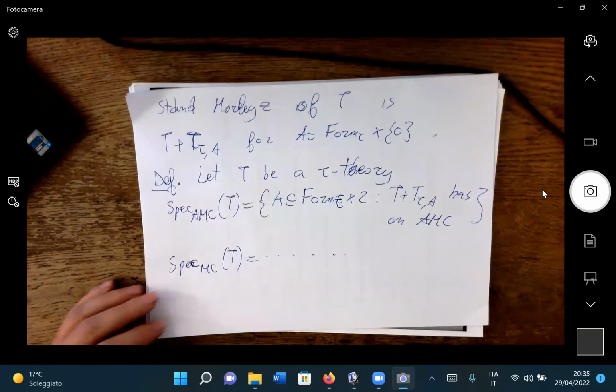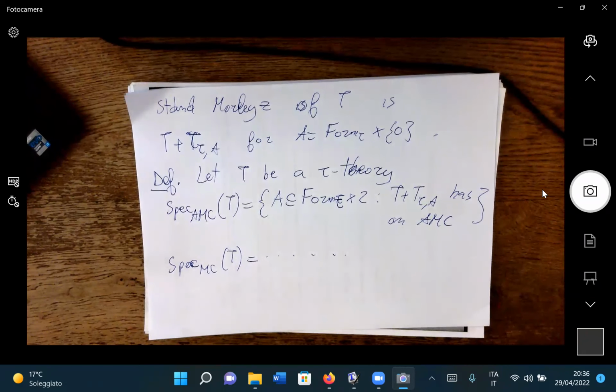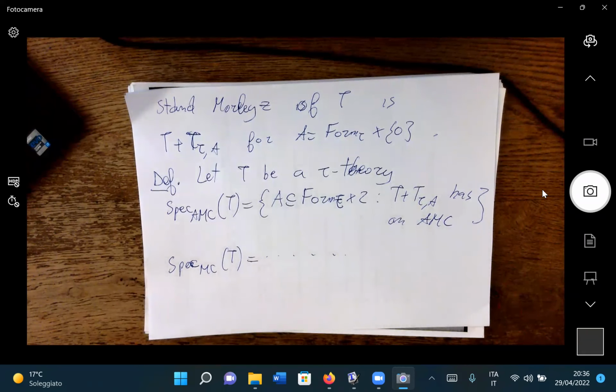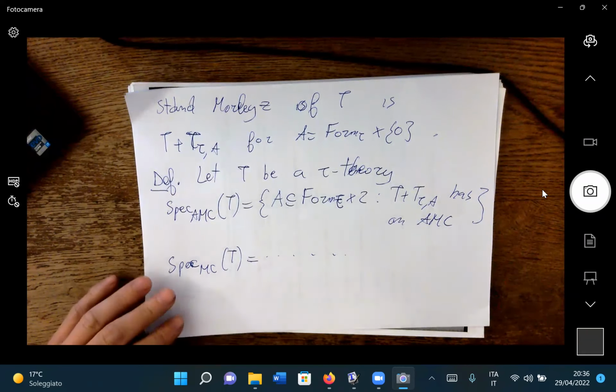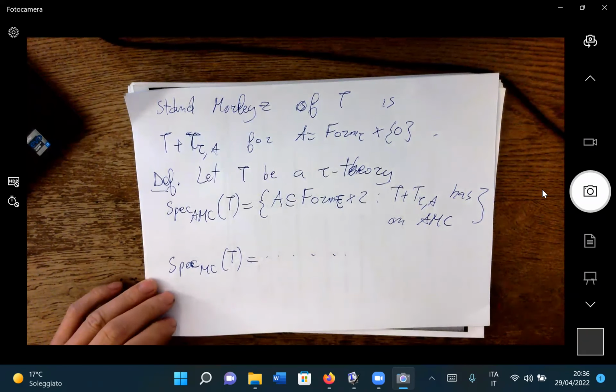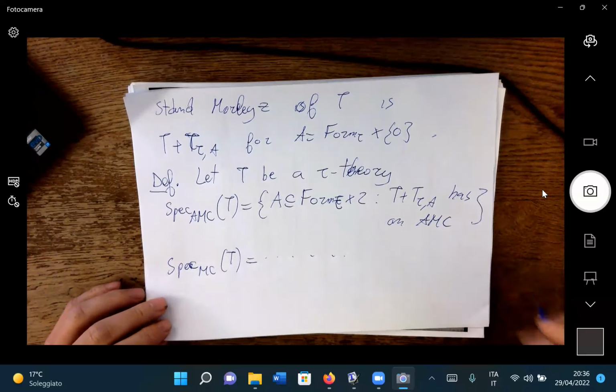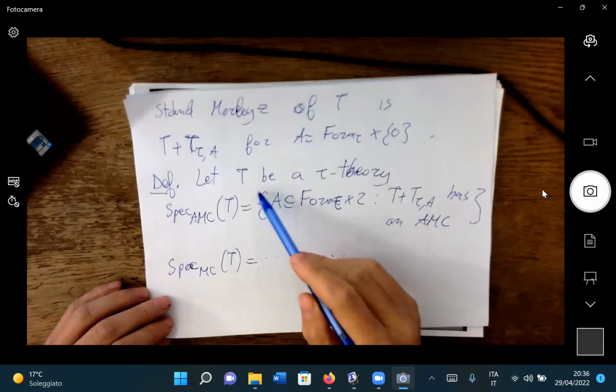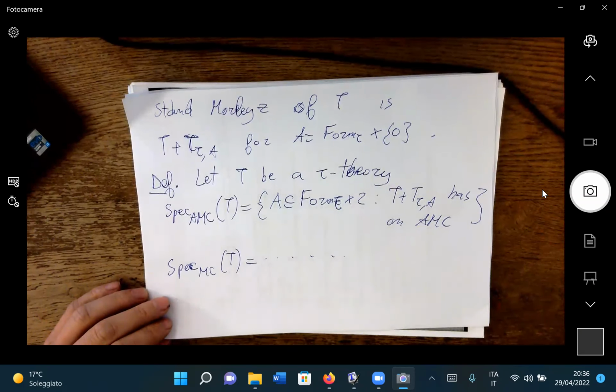So for the moment, I can show that this invariant is useful when T is set theory. I don't know if this invariant is useful in other contexts, but I suspect that it should be. It's just more complicated to handle. But the point is that it's an invariant that is meaningful for an arbitrary theory.